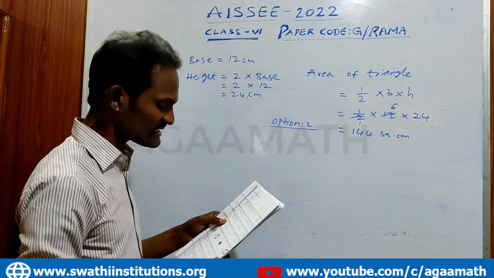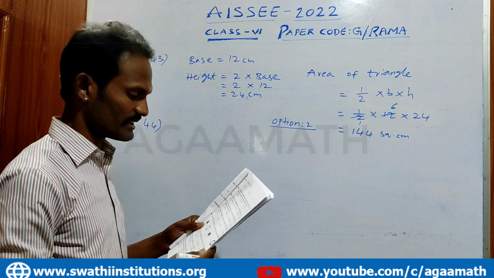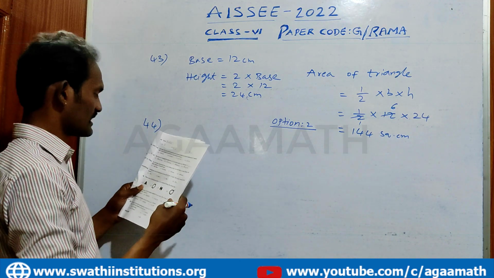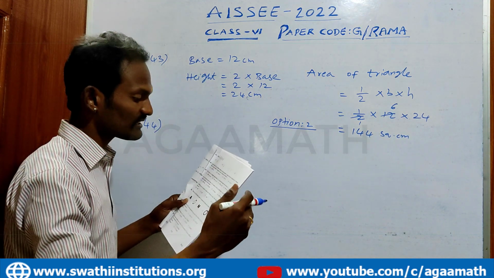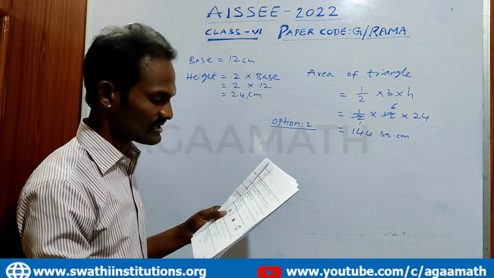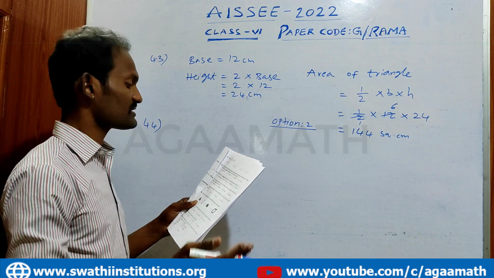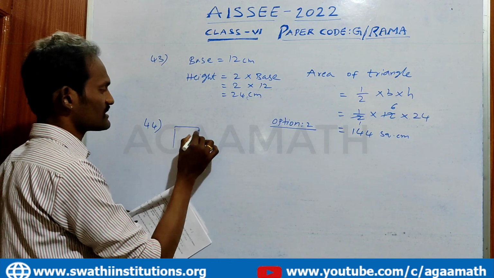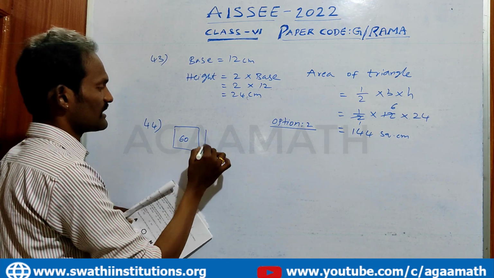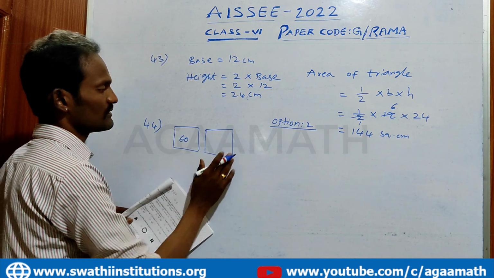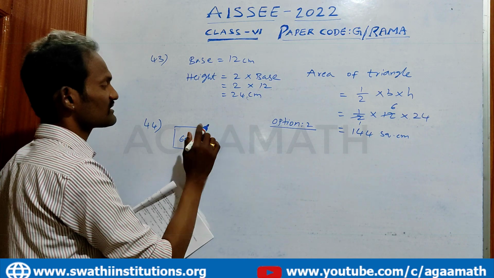An oil tank can hold 60 liters of oil. Another oil tank can hold thrice as much. What is the total capacity of both the tanks? So let's say this is the first tank which holds 60 liters, and another tank is said to hold thrice.